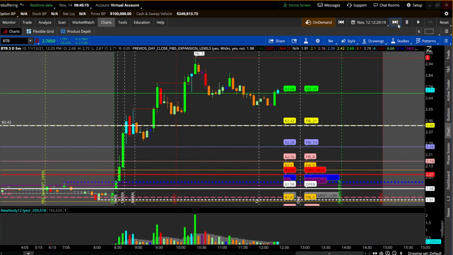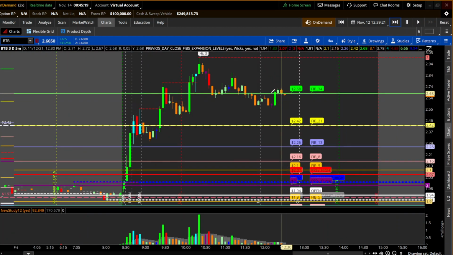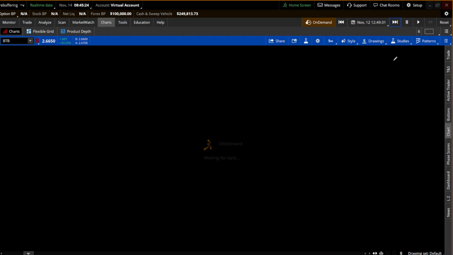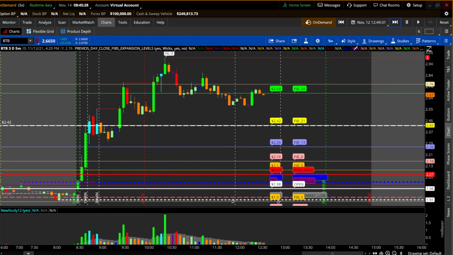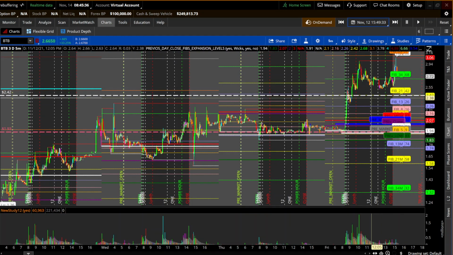I'm gonna try and push it to see what happened later on that day. And it just struggled at that 34 fib level. And I'm gonna go ahead and push it to the end of the day. We're really past the end of the day.